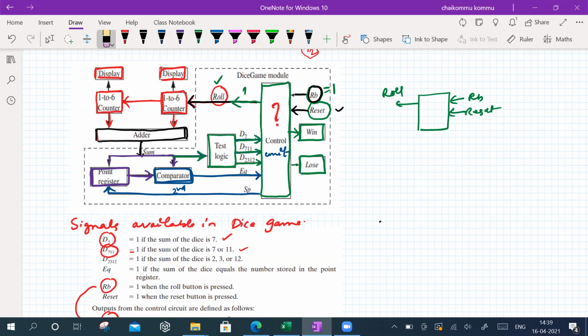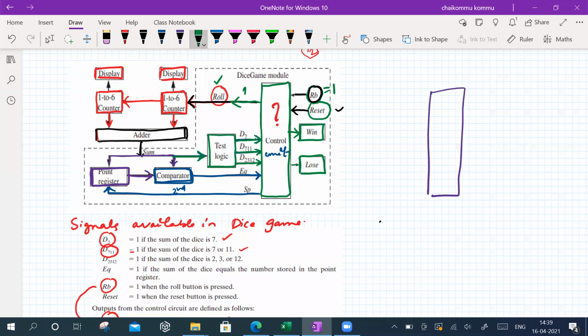So before going to that one, it's better to consider what is the input and output for a controller. What is the input for this one? RB is one input. Reset is one input. Next, another input is equal. Equal is one input. D7 is one input.